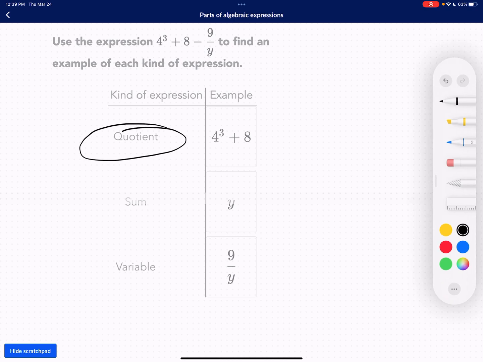Quotient means two things that are being divided. So I'm looking for something with a division symbol or a fraction, because the fraction bar, if I remember correctly, is called a vinculum. The fraction bar right here means division. In fact, the division symbol that you're used to means a fraction. If you look at it, it's the numerator and the denominator.